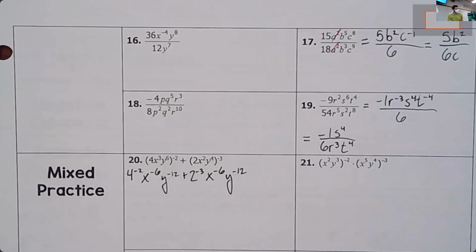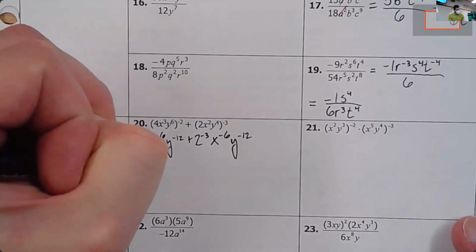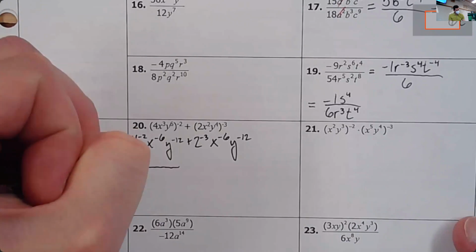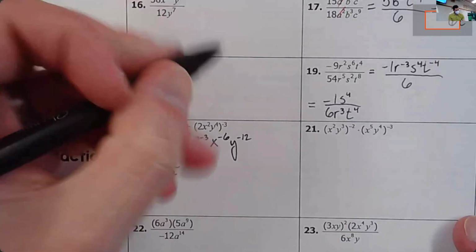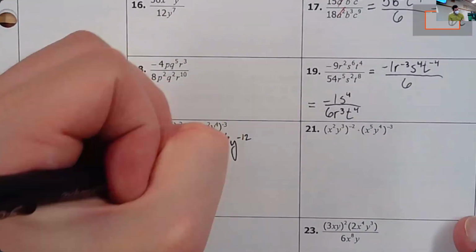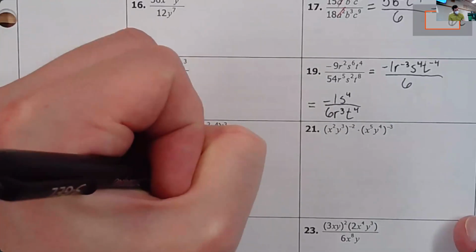Let's go ahead and flip everything, actually. How about that? So that'll be 1 over, because everything is a negative exponent, 1 over 4 times 4, 4 squared is 16, x to the 6th, y to the 12th. And then plus 2 to the -3, so we're going to put 1 over 2 to the 3rd power, which is 8, x to the 6th, y to the 12th.